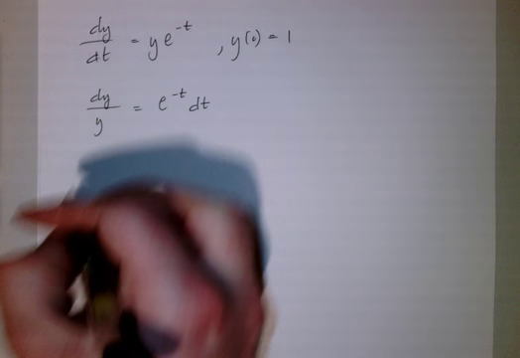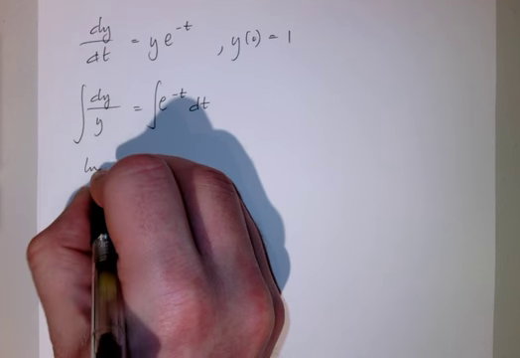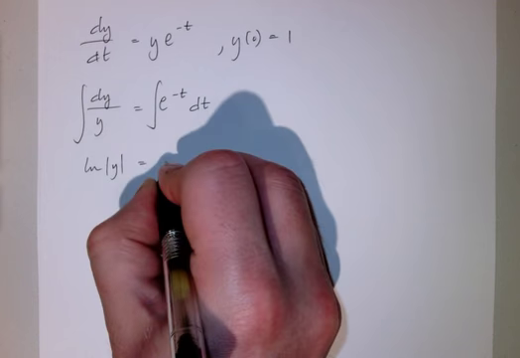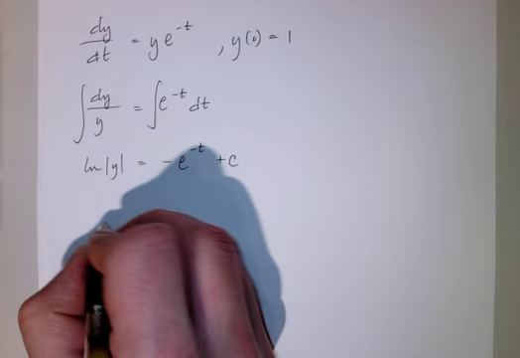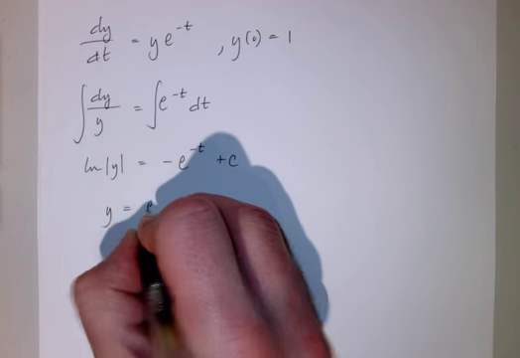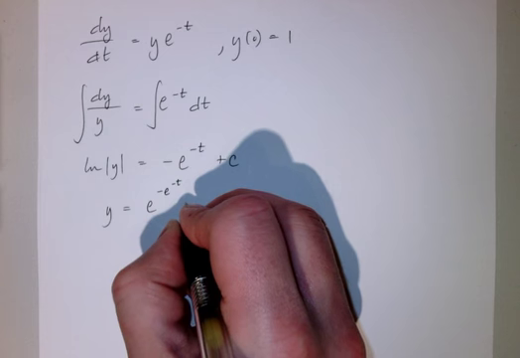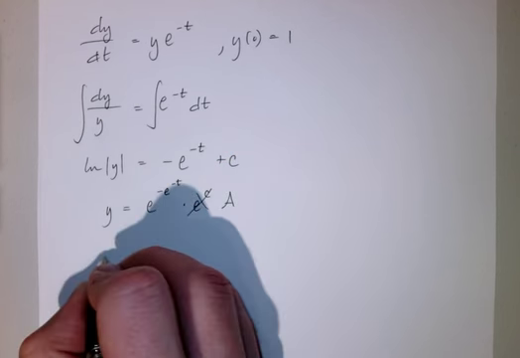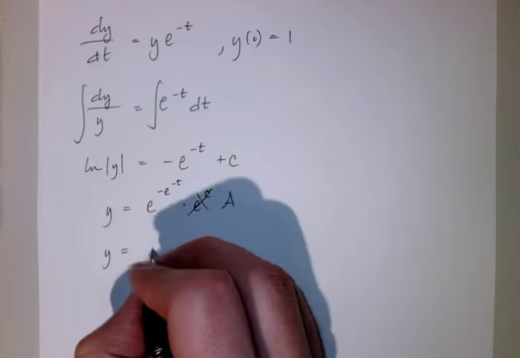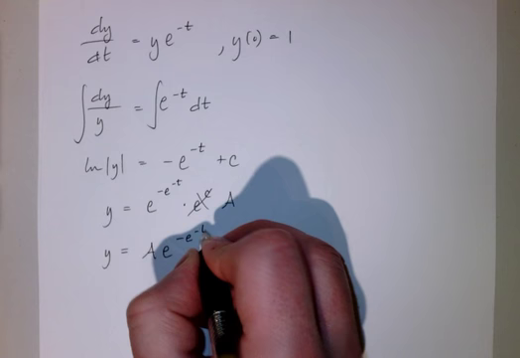Well, if that's the case, when I integrate both sides, I'm going to get the natural log of y, and that makes negative e to the negative t plus c. And if I exponentiate both sides, that winds up being e to the negative e to the negative t times e to the c, which of course I'm going to call a. And so y is equal to a e to the negative e to the negative t.